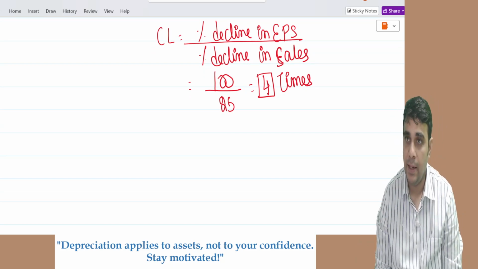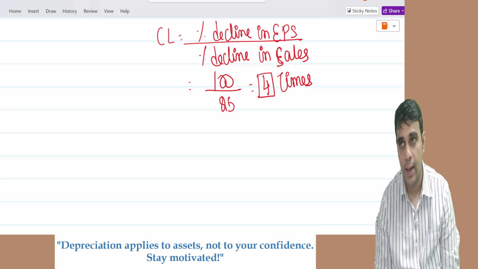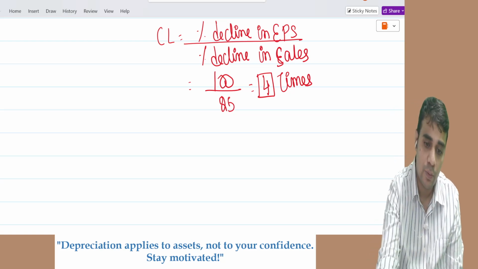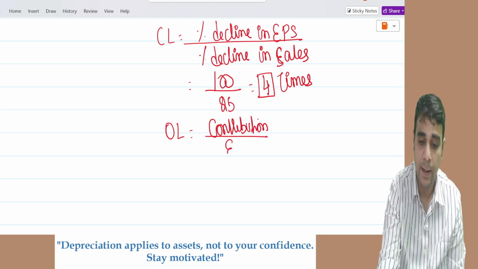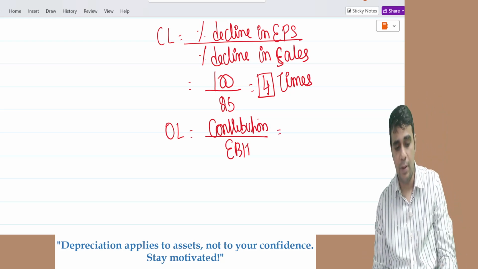What is the use of combined leverage? I'll now do OL. OL into FL is CL. OL is equal to contribution divided by EBIT. Contribution is there in the question.